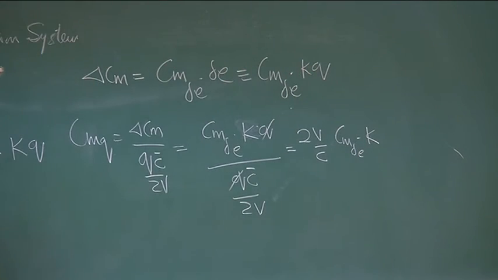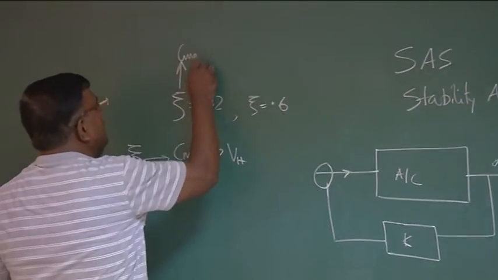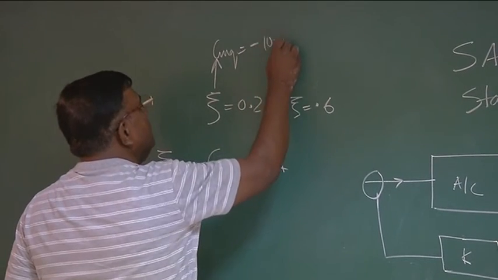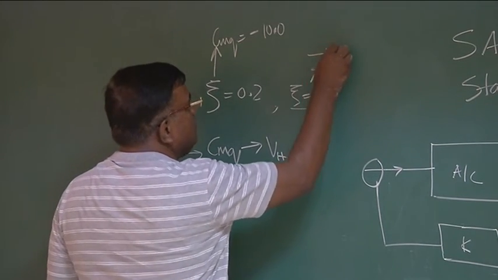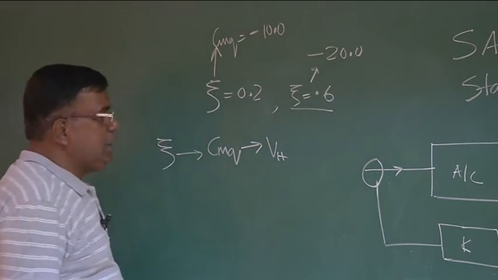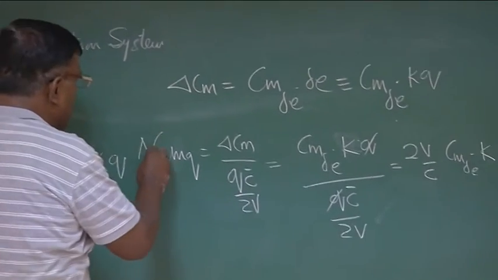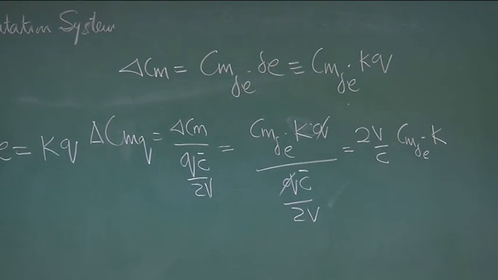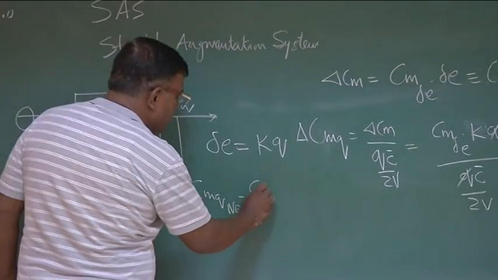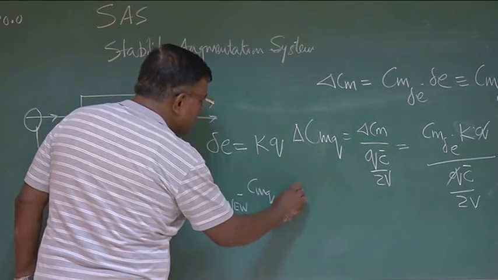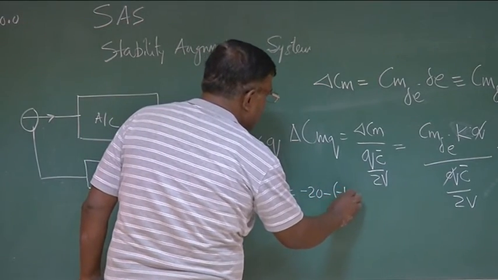Now you can see that for zeta equal to 0.2, CMQ I can calculate was, let's say, minus 10. To make zeta 0.6, the CMQ required is, let us say, minus 20. So what is the procedure? This is delta CMQ, so CMQ new minus CMQ old, which is minus 20 minus minus 10.